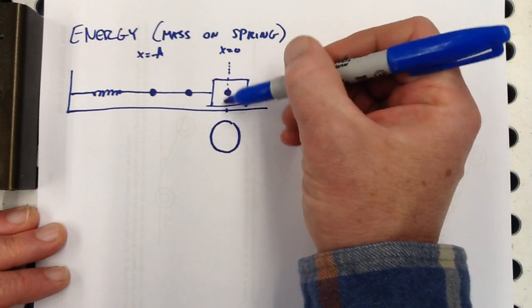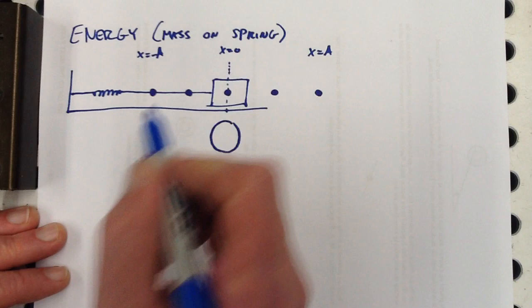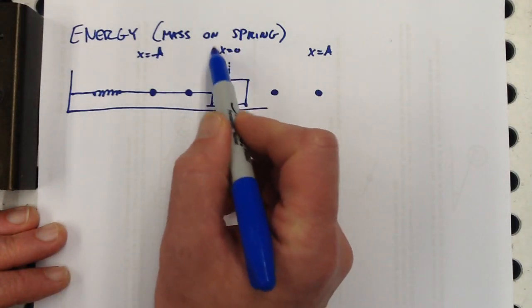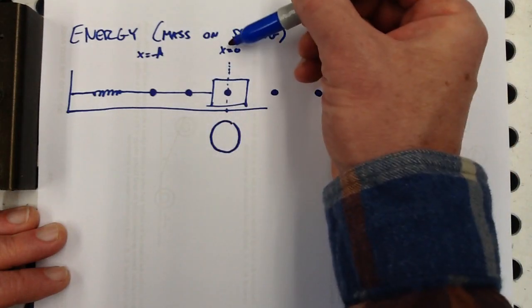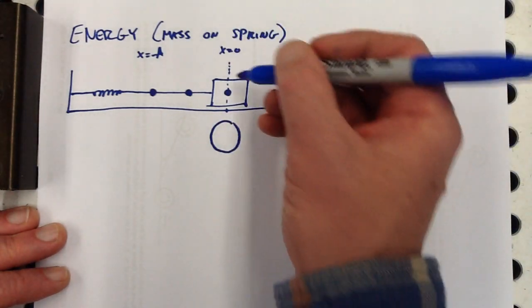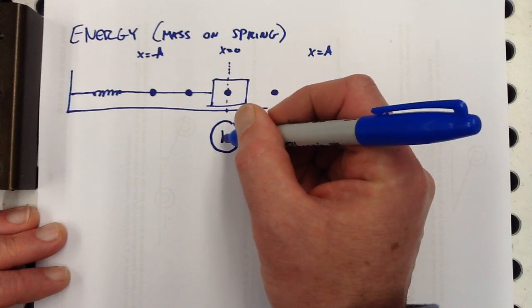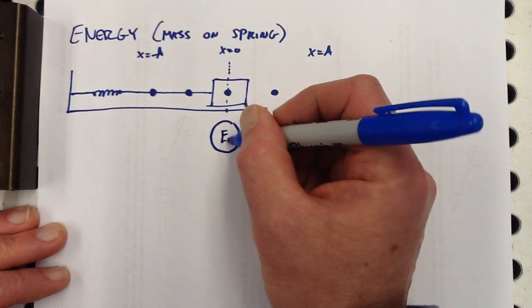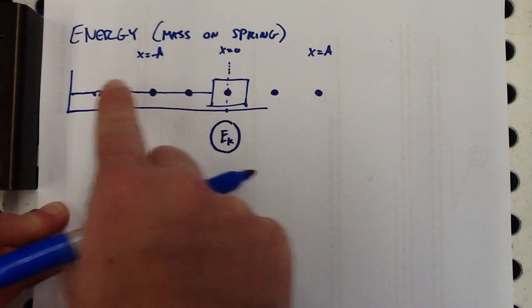So this is where there is no energy stored inside the spring. I may be getting a little ahead of where we're at right now, but remember that spring energy is equal to 1/2 kx squared, and this is where the x is 0. So here, it's got all kinetic energy. We don't have to worry about gravitational potential energy because this thing is just moving back and forth.